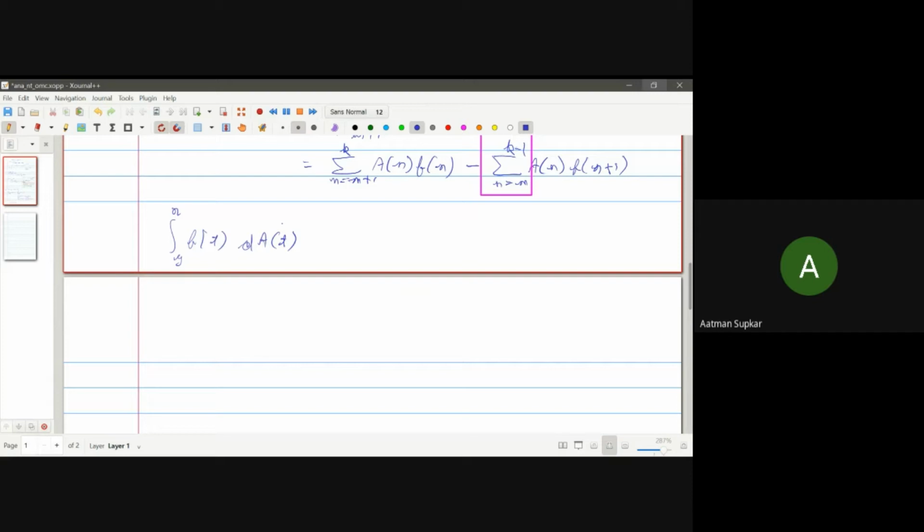After integration by parts, this will directly evaluate to f x a x minus f y a y minus integral y to x a t d f t. The expression is not clear, but you get the idea. If you're familiar with this, then that is a very good shortcut.